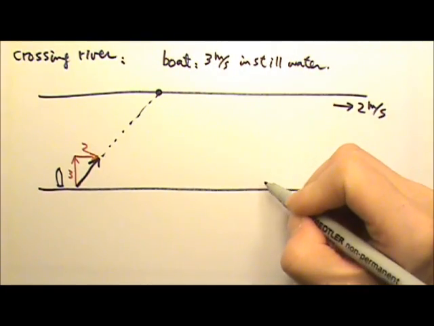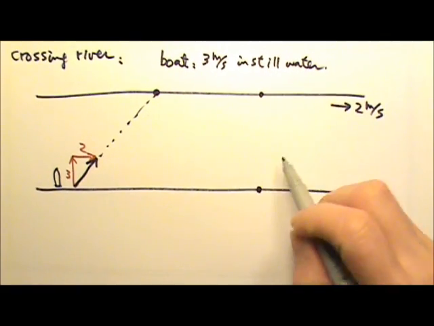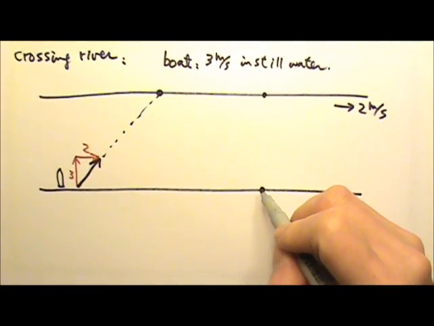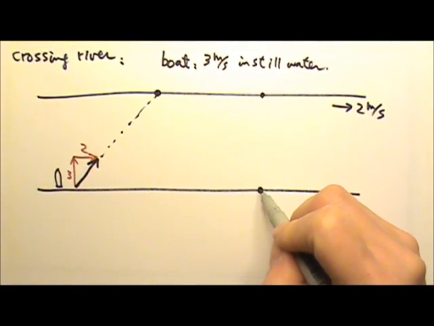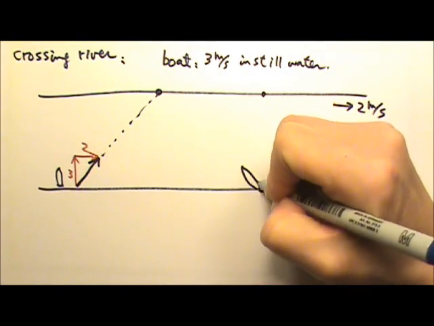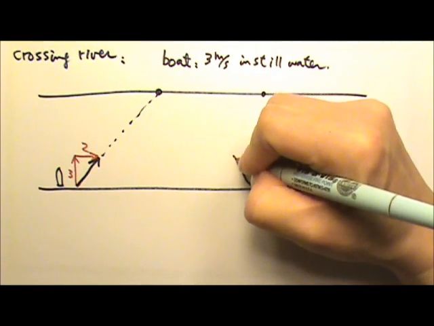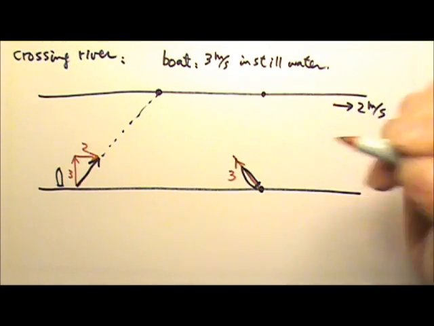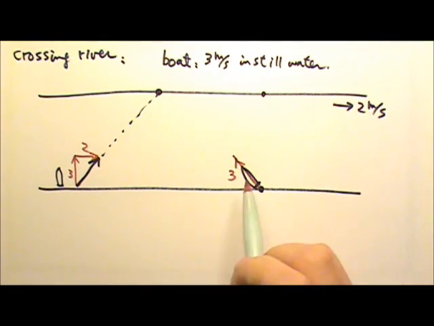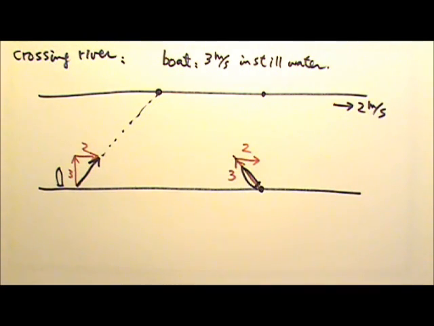And if we want the boat to end up straight across instead of ending up downstream, that means we need to aim the boat which way? We need to aim the boat a little upstream, like this. So in this case, the boat gives itself a velocity that is 3 meters per second, while the river current gives the boat another velocity that is 2 meters per second.